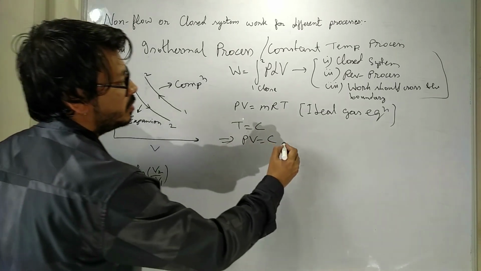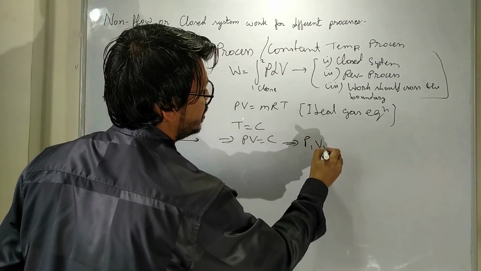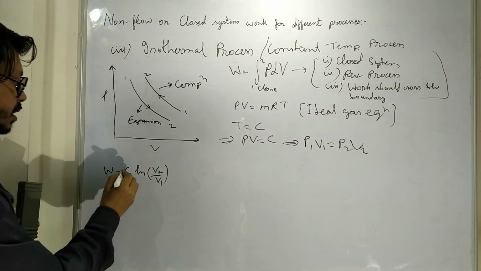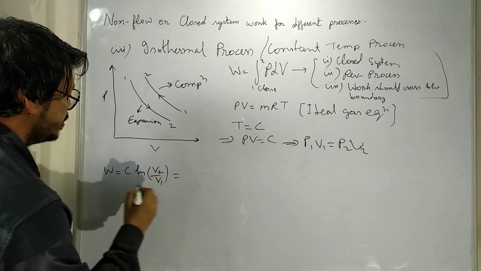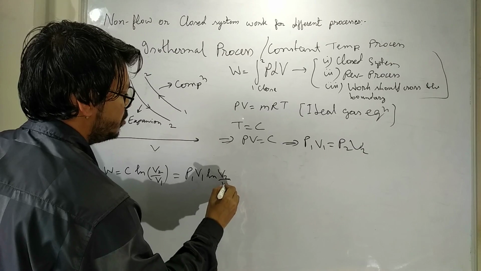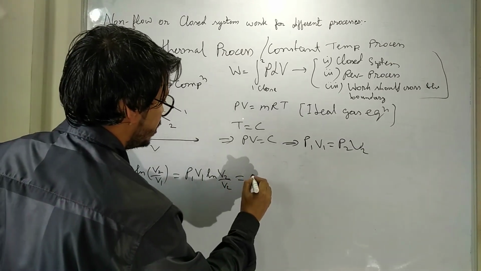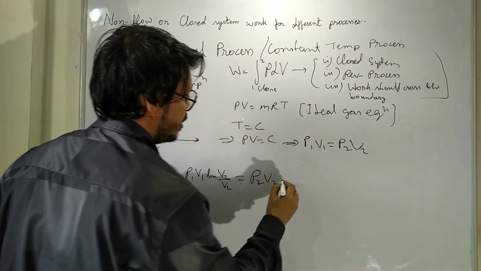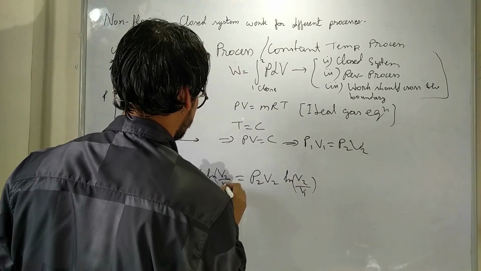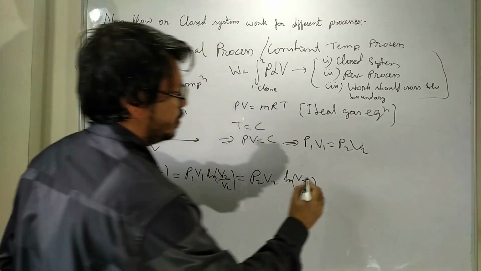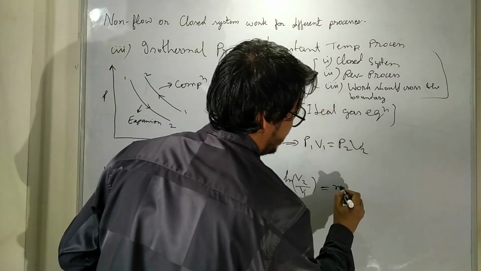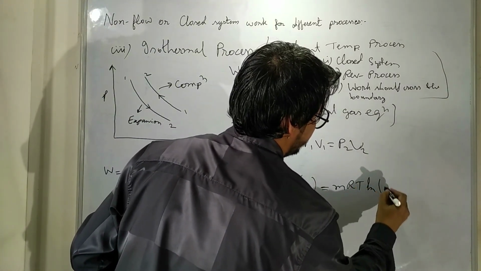Since PV equals constant, we can get that P1 V1 equals P2 V2. So in place of C we can put P1 V1, giving P1 V1 ln V2 by V1, or this work done is equal to P2 V2 ln V2 by V1. Or this is equal to mRT ln V2 by V1.